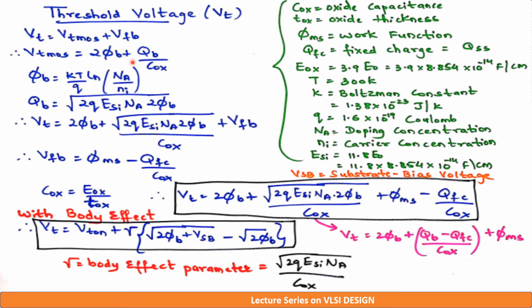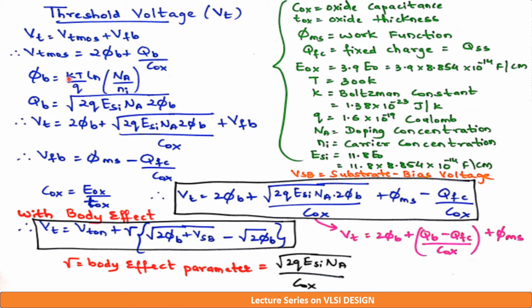φB is bulk potential and QB is bulk charge, where φB is given by KT by Q ln of Na by Ni. Na and Ni are the doping concentrations. Na is the doping concentration, Ni is the carrier concentration, and KT by Q is the thermal equivalent voltage.